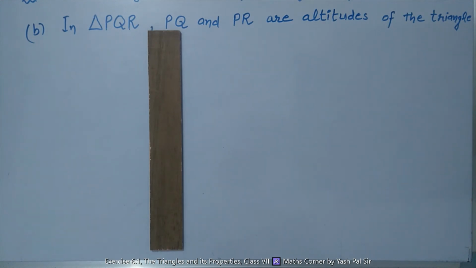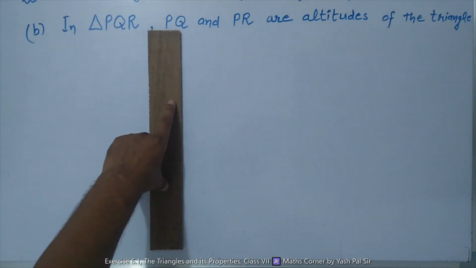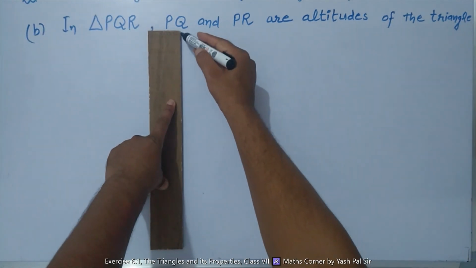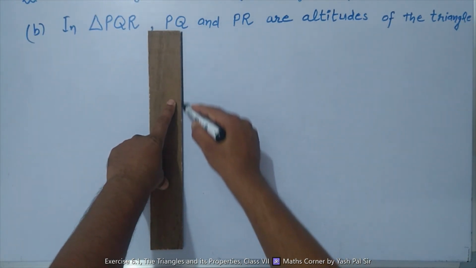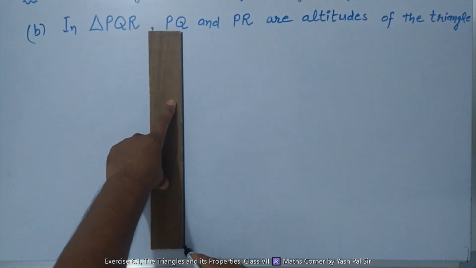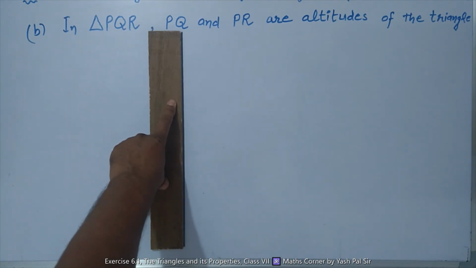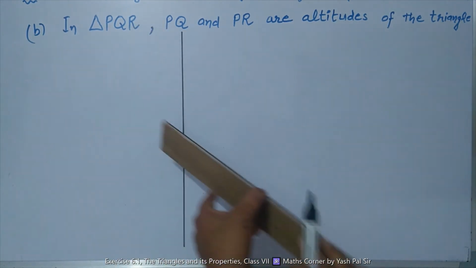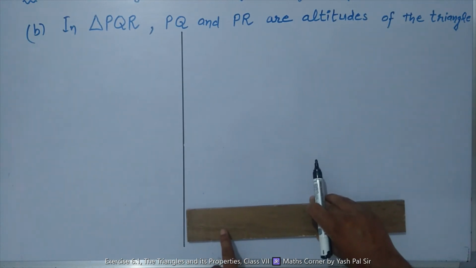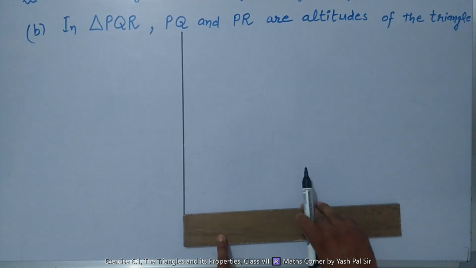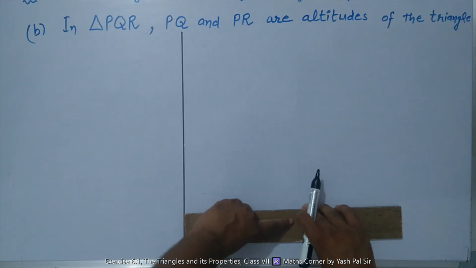Isosceles triangle means having two sides equal, and one angle will be equal to 45 degrees. So two sides equal to the length of the scale. Suppose I have one side, right, and I am drawing here another side with the same length equal to the length of the scale, but making a 90-degree angle.